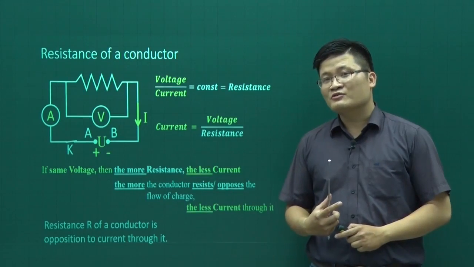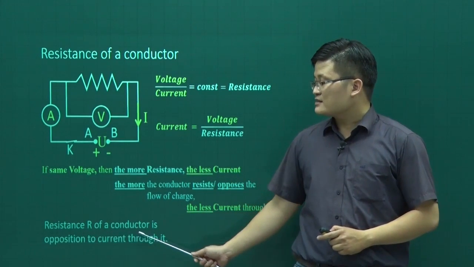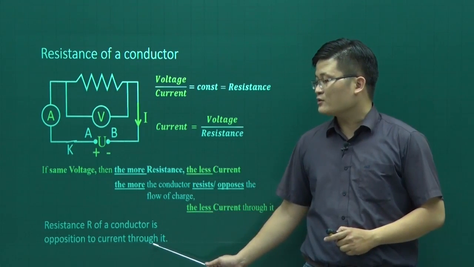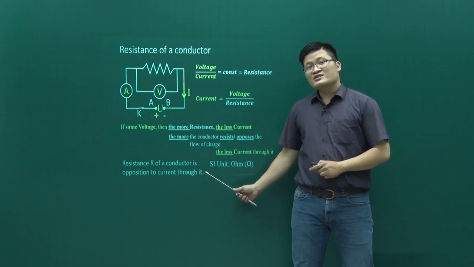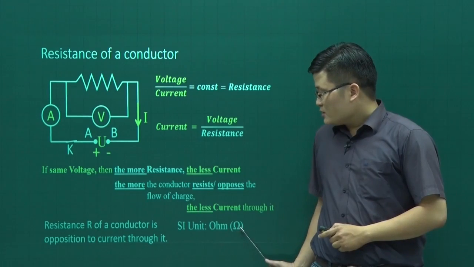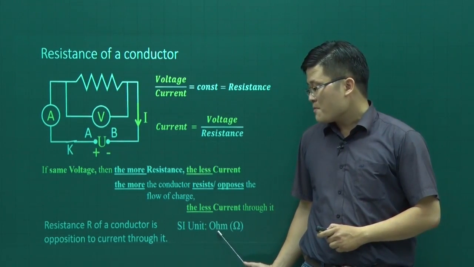We can understand the resistance R of a conductor as the opposition to the current through the conductor. And the resistance is measured in ohm, and we use this symbol to represent the unit ohm.